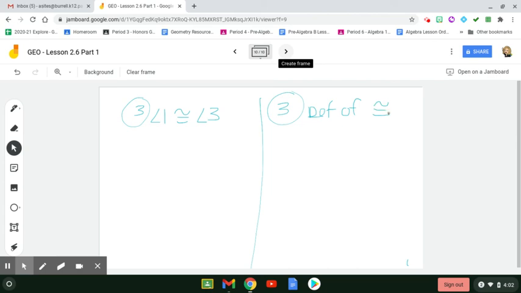All right, now, because I'm saying that I have a set of angles that are congruent to one another, I can then make this jump, and let's see if you guys can catch it. I can now jump and say that angle 2 is congruent to angle 4.